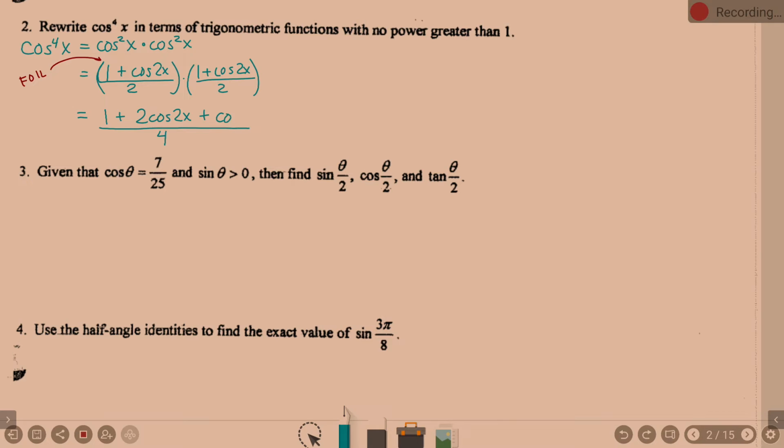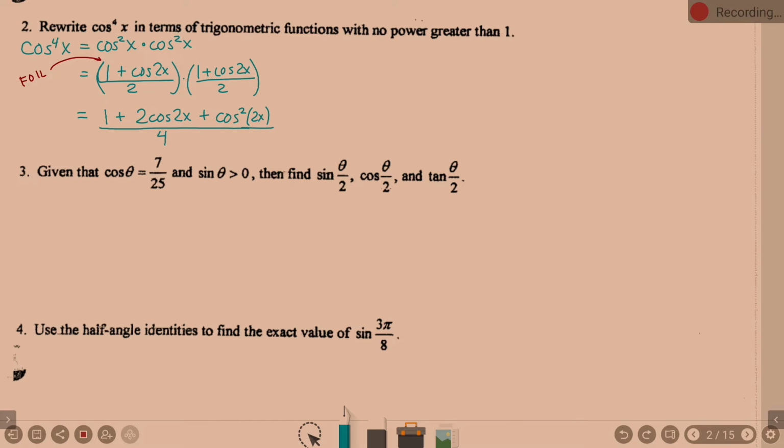So cosine squared of 2x. It's basically the same thing, but if you write that squared after, I'm going to count it wrong. You can think it's basically the same all you want in your brain, but if you write that squared after, it means just the 2x is squared, unless you put parentheses around the entire cosine 2x.